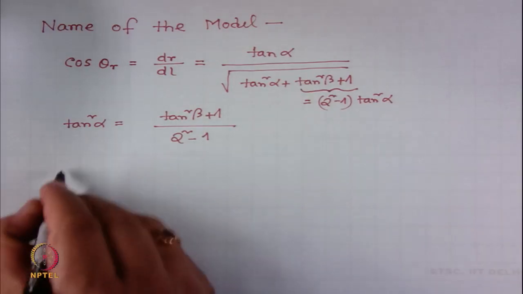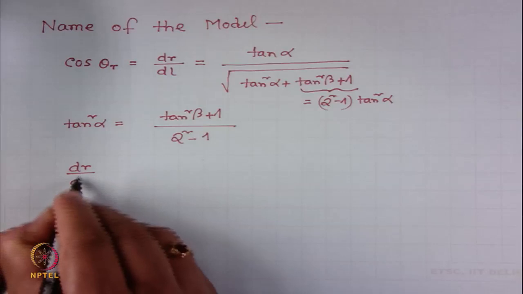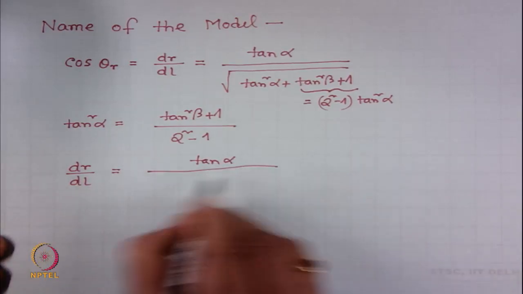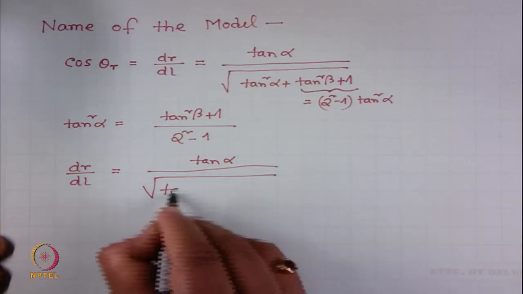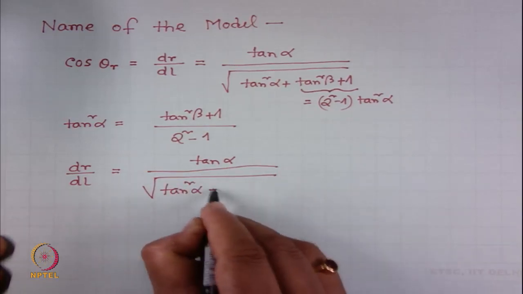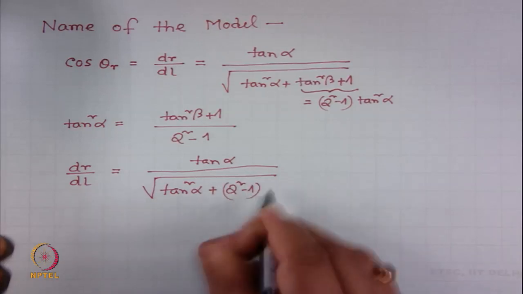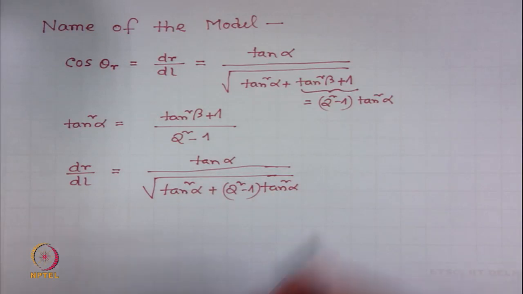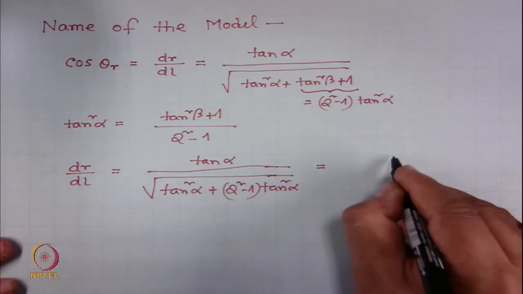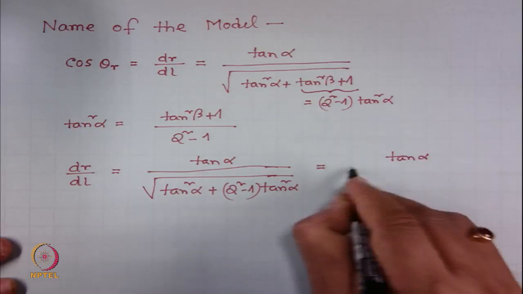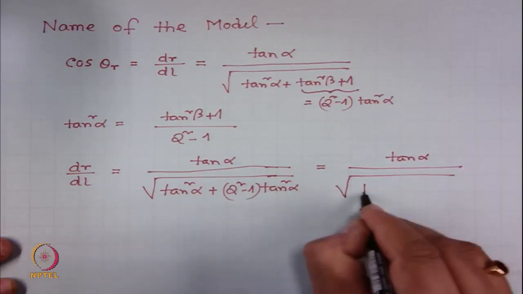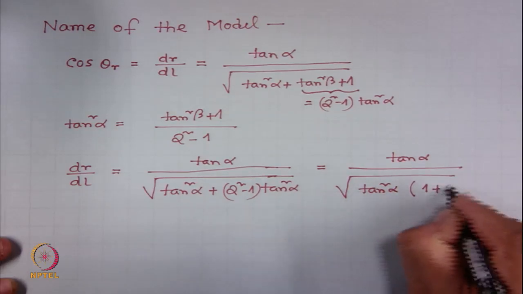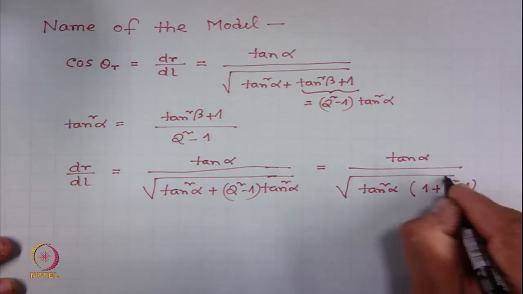So, tan square beta plus 1 can be substituted as q square minus 1 times tan square alpha. So, what we will get, dr by dl is equal to tan alpha divided by square root of tan square alpha plus q square minus 1 tan square alpha. In the denominator, if we take tan square alpha out, then we see 1 plus q squared minus 1.